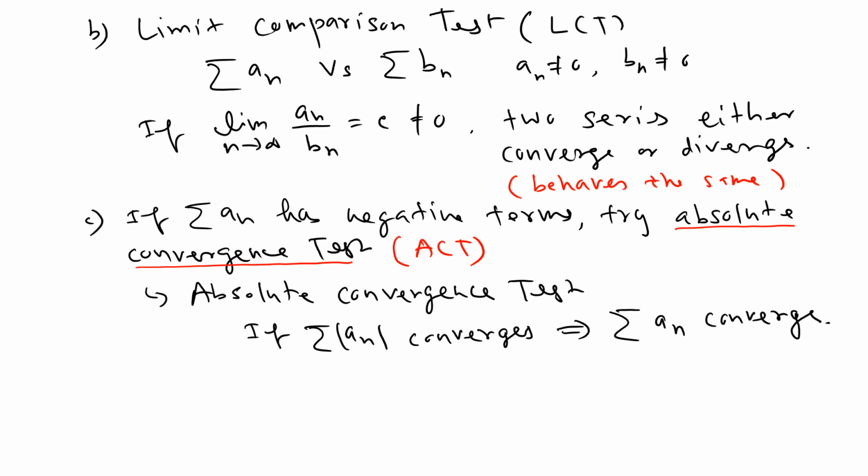The reason is the absolute series has only positive terms, so there are no plus or minus terms. Even with only plus terms, if it converges, that means it's going to get a finite value. It is very clear that the other one has to have a finite value as well. So that's true. Okay, so those are the few convergence tests, and then I'm going to give you some problems that you can try.